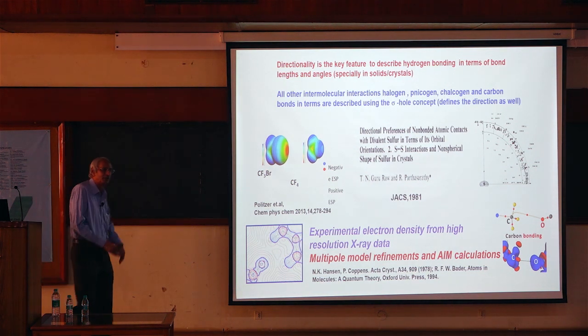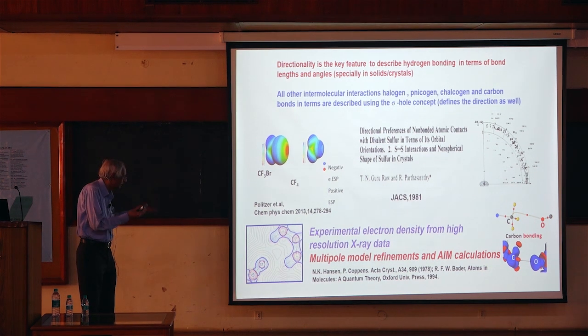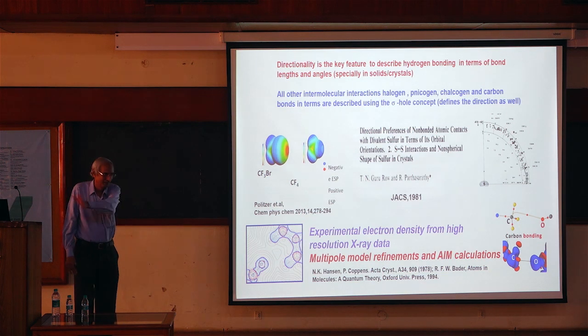As we go to closer and closer or better and better hydrogen bonds, we will see that this becomes more and more linear. Spectroscopists will be very happy, hydrogen bond becomes linear as we go to stronger interactions.